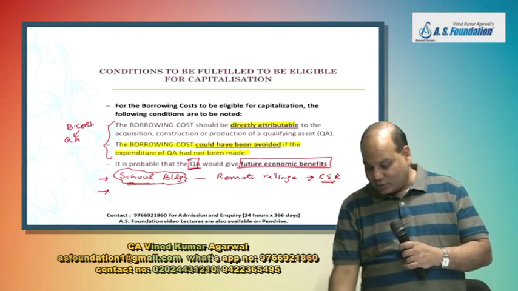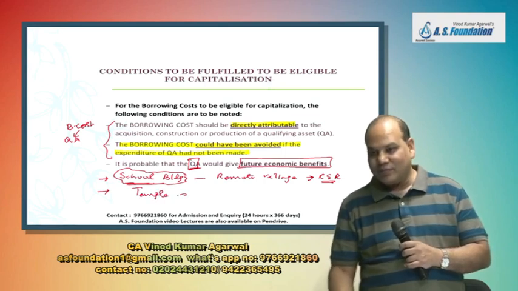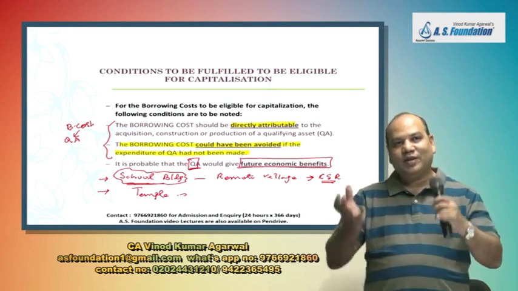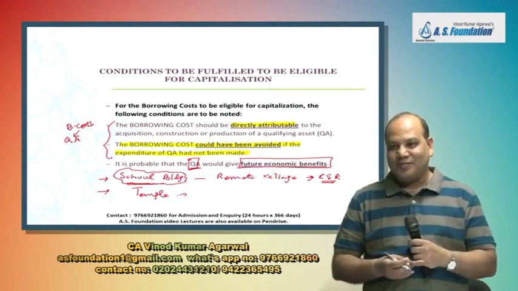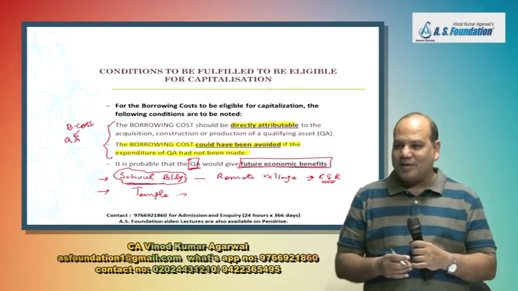Then the company says, oh, this is not a qualifying asset, I will construct a temple in the factory premises. Okay. A temple is also not a qualifying asset. Why? A temple takes a lot of time to construct. But sometimes they capitalize the temple also.